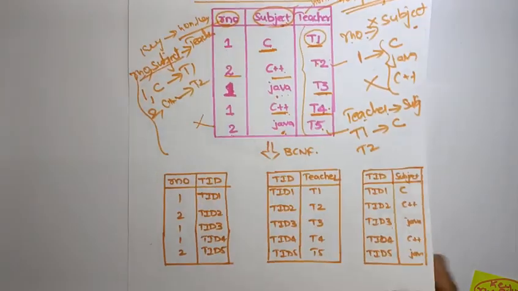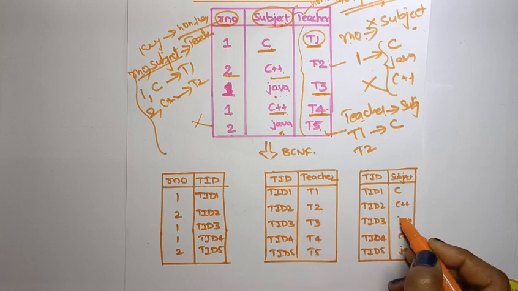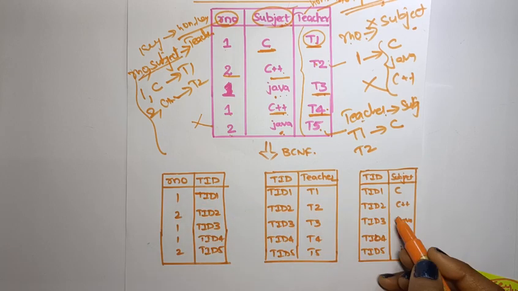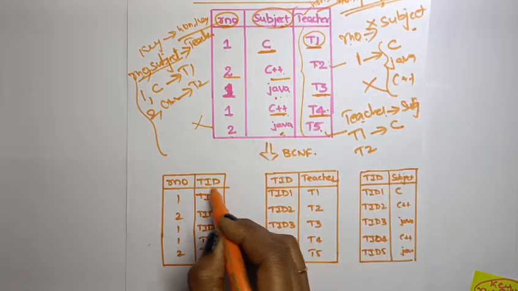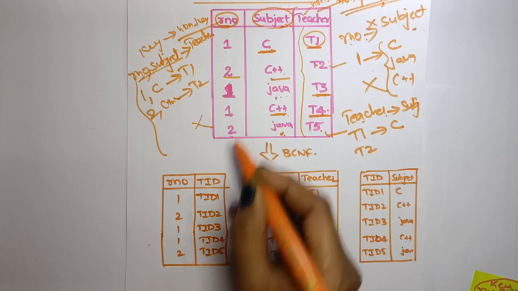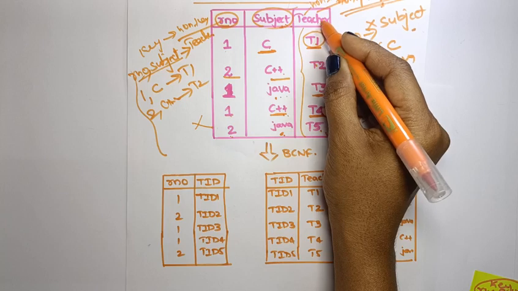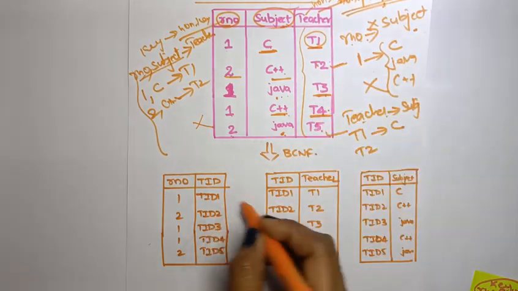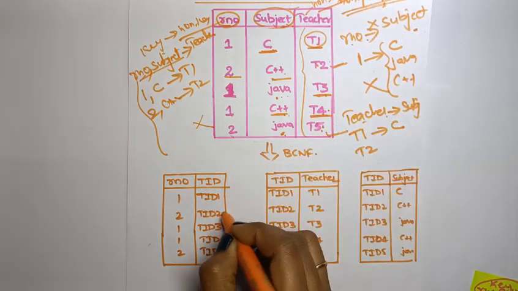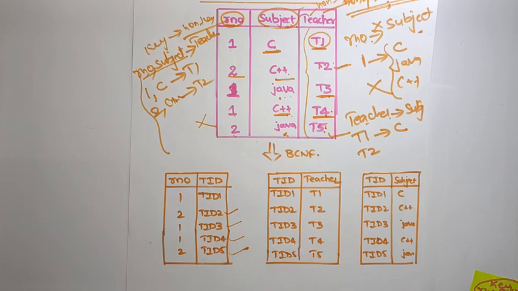So to convert into BCNF, you need to decompose the table into multiple tables. Here, for the teacher, one teacher ID we are going to generate. Roll number 1, teacher ID: teacher 1 means teacher ID 1, teacher 2 means teacher ID 2, teacher ID 3, teacher ID 4, TID 5, or you can mention any numbers also, 10, 20, 30, 40.